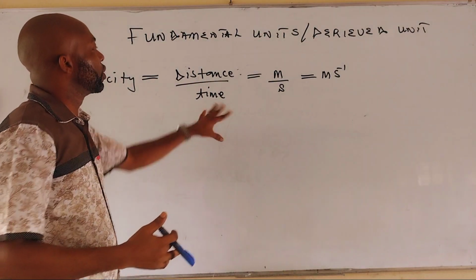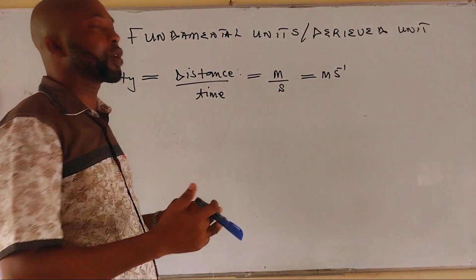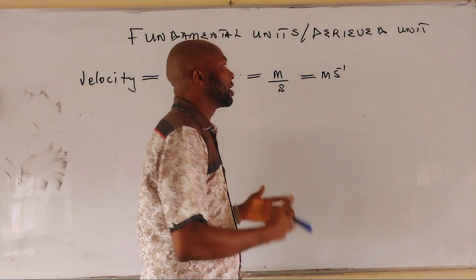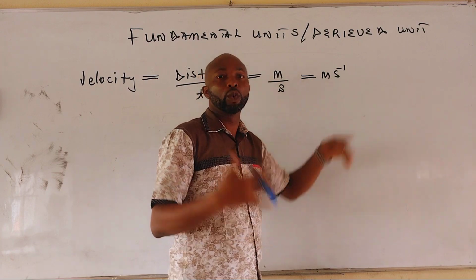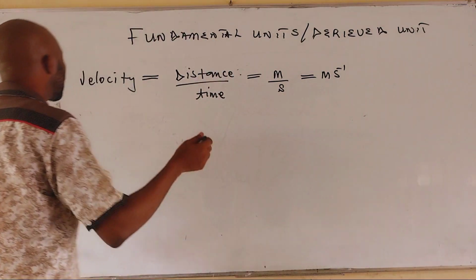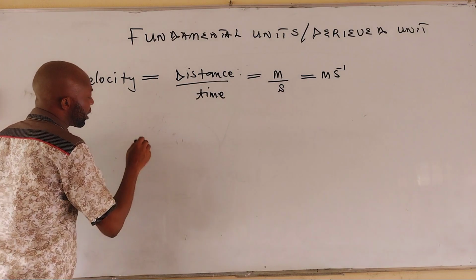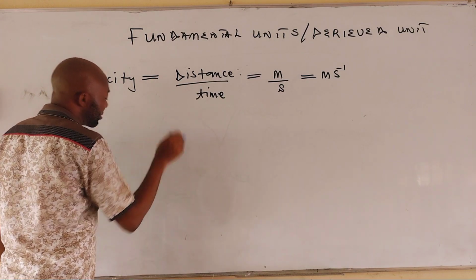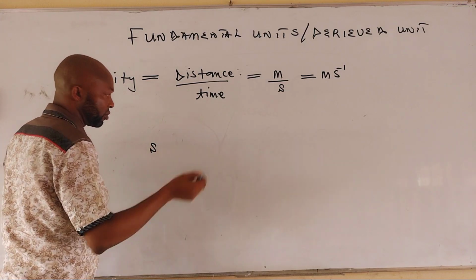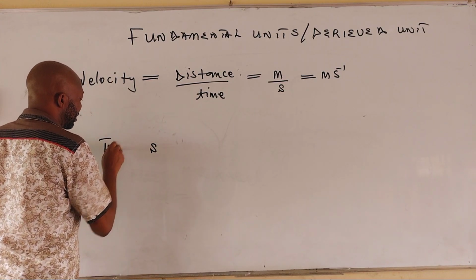So having known how to do this, we also have what we call dimension. We're going to apply the dimension alongside that. When we are done deriving the unit, we use the dimension to finalize. So in dimension, let's look at these basic units. We have time, which is in seconds, but the word time, let me put it here, time.